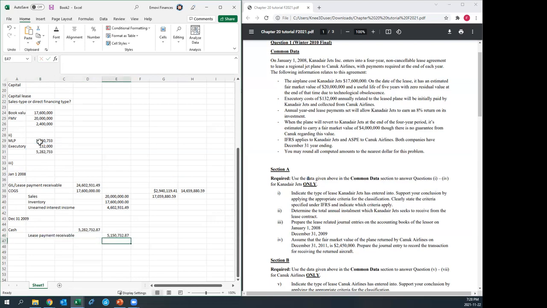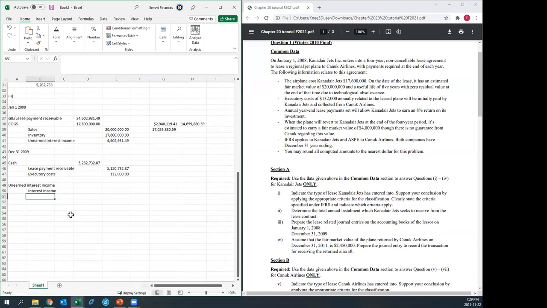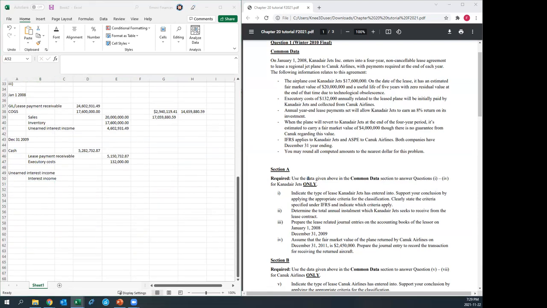And then you have your executory costs of 132,000. Then you also have to recognize your interest income. So unearned interest income and interest income. To find this amount, we're going to do a little amortization schedule, a little throwback from before the midterm.